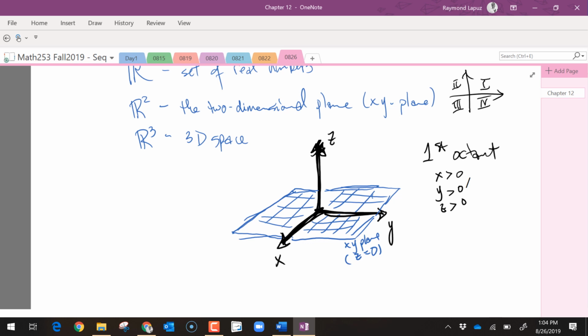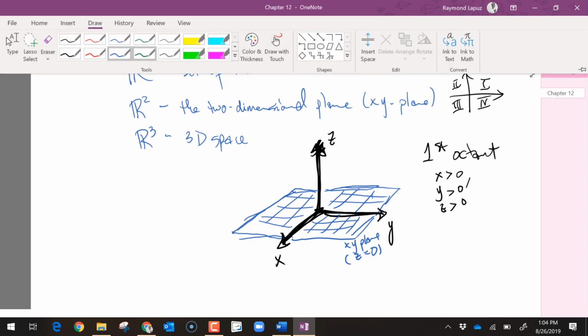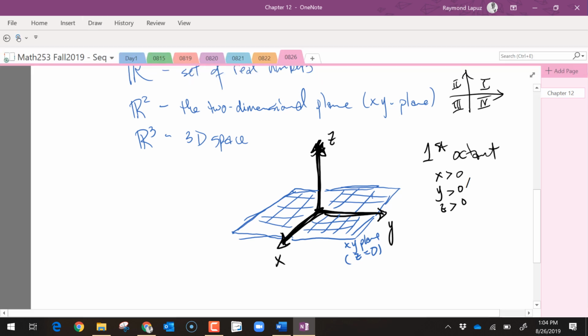Now, when X is equal to 0, what do you think that's going to be? It's the YZ plane, right? It's the other variables' plane. So how would we draw that? Taking advantage of how your eye views things in 2 dimensions, you're going to draw lines that are parallel to the X and the Z, or the Y and the Z. And so if I draw a line parallel to the Y and the Z, I would have something like this. This could be the representation in the first octant.